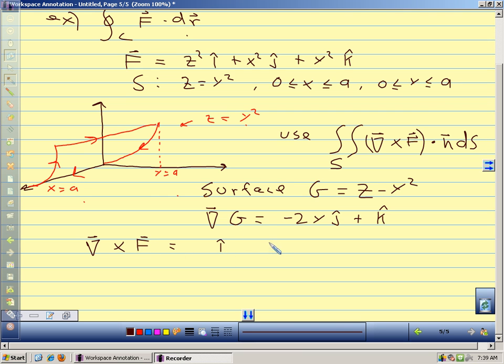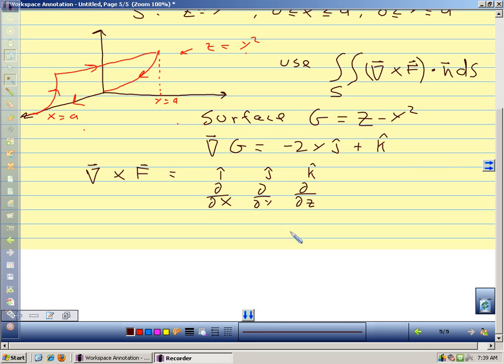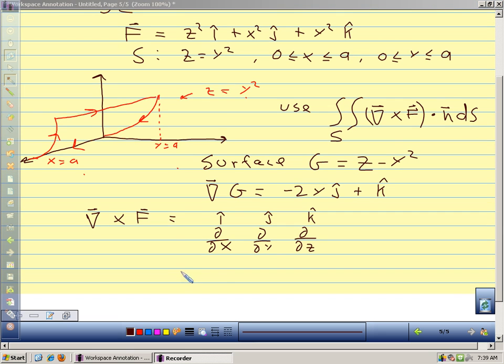So we have our determinant of our partial derivatives. And we have z squared, x squared, and y squared. And when we find this determinant, it comes out to 2yi plus 2zj plus 2xk.